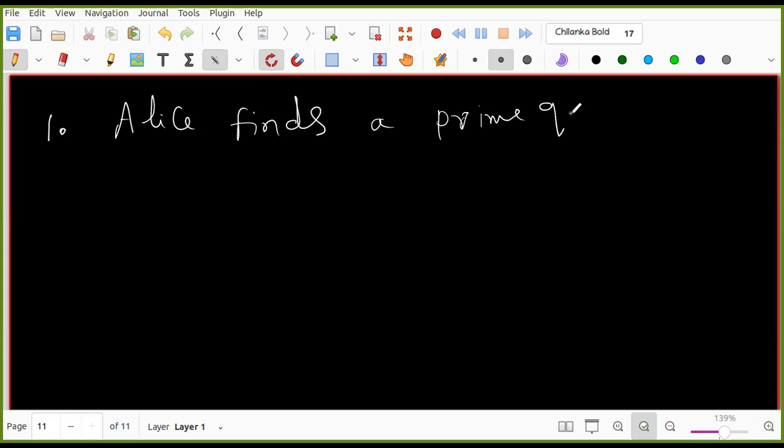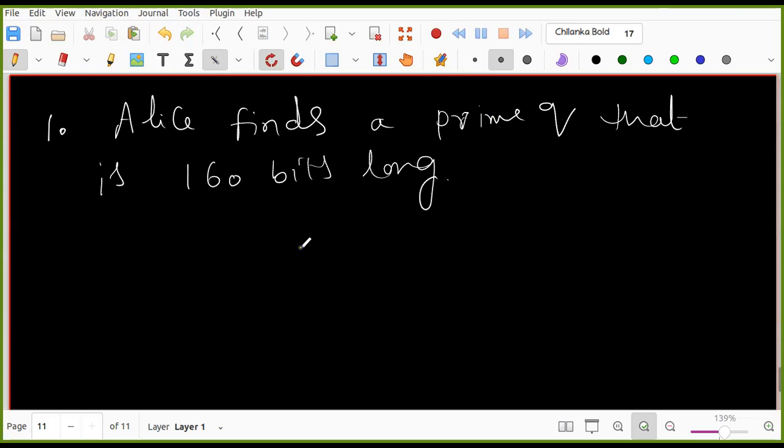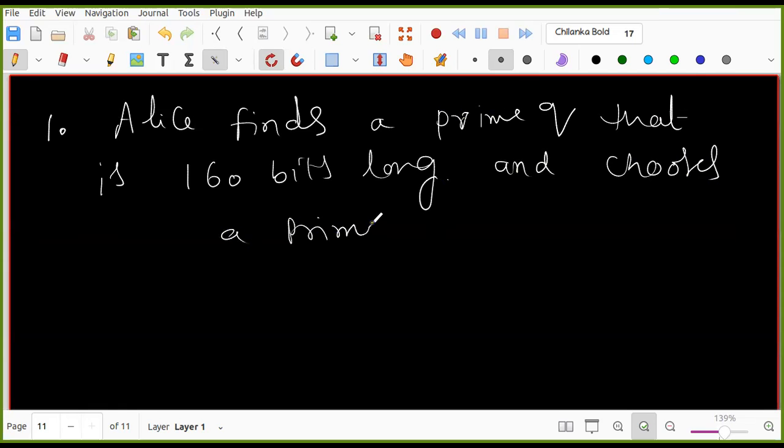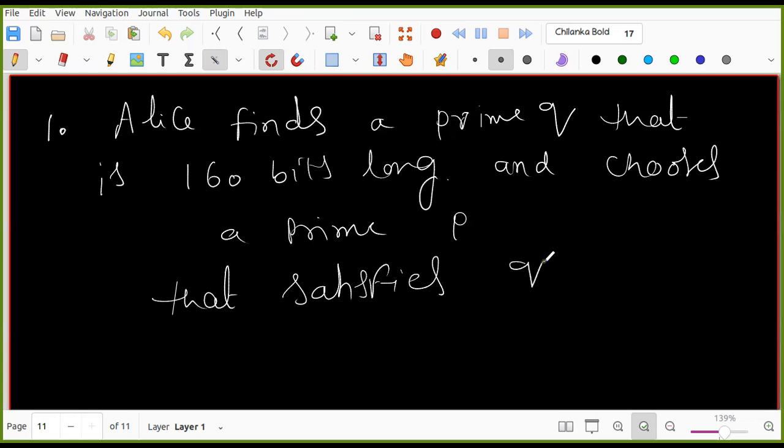Prime Q, that is around 160 bits long. And she chooses a prime P that satisfies Q divides P minus 1.